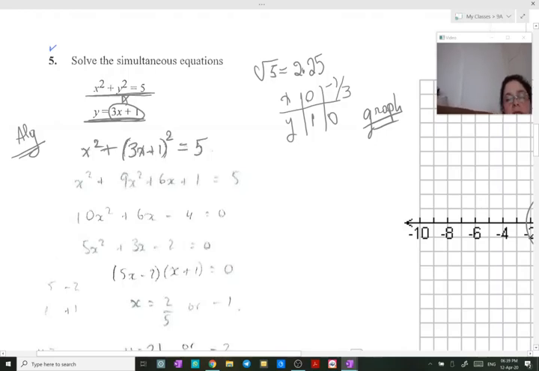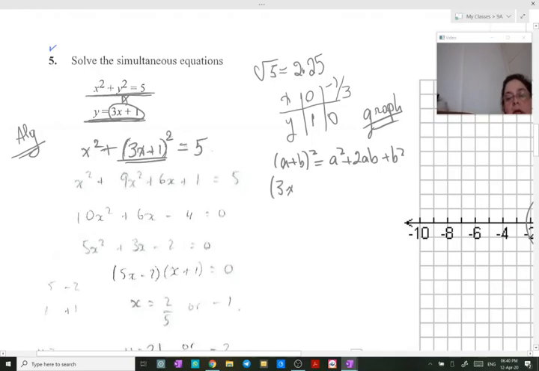Now we need to expand this. This is of the form (a plus b) squared, which is equal to a squared plus 2ab plus b squared.